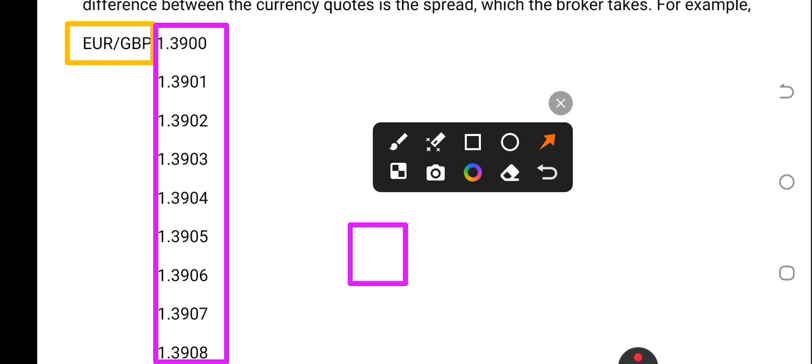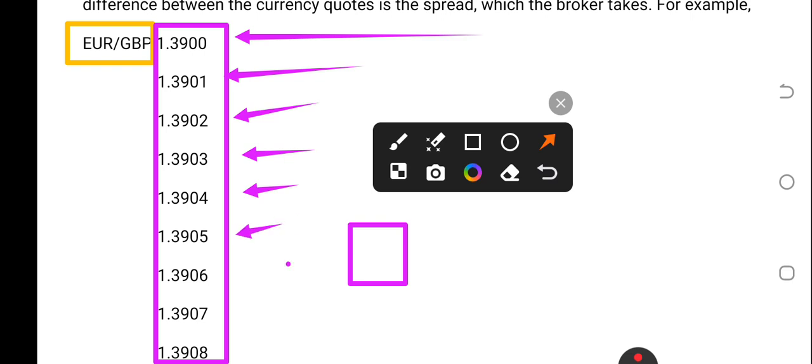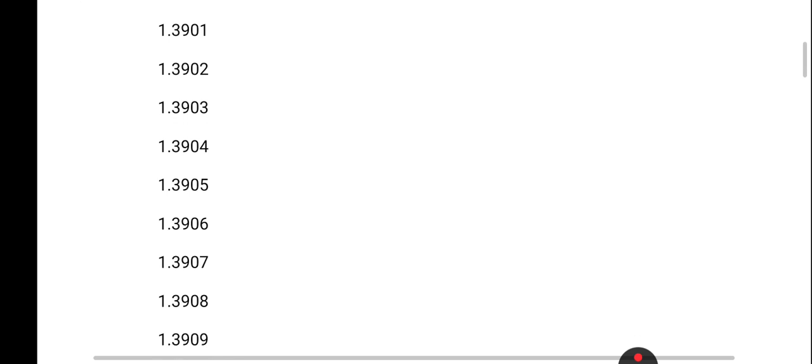Now if you look very well, this is 1.3900, 1.3901, 1.3902, 1.3903, 4, 5, 6, 7, 8, and finally 9. If you look carefully now, the numbers are increasing. So the last digit is the pip.